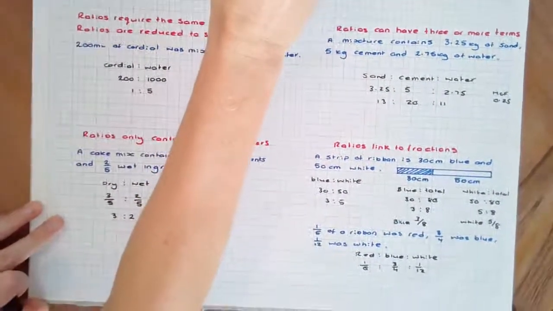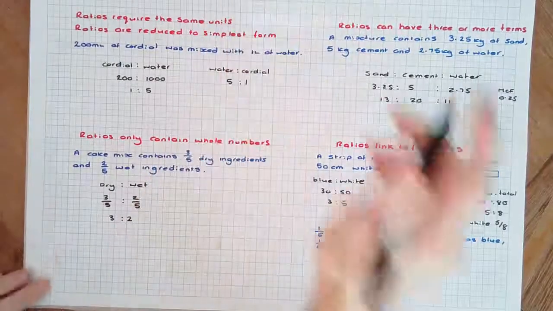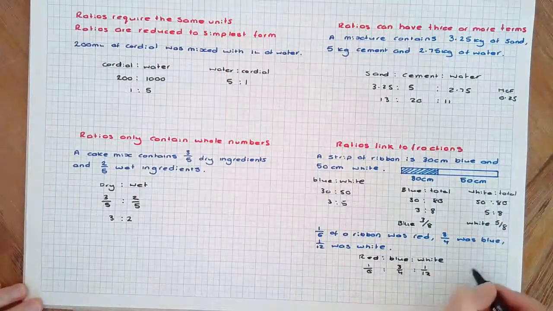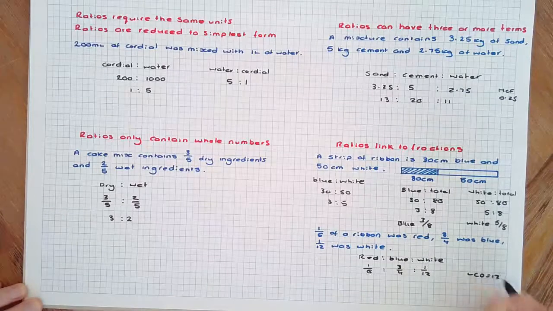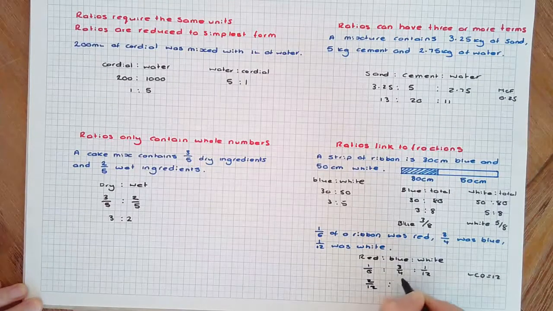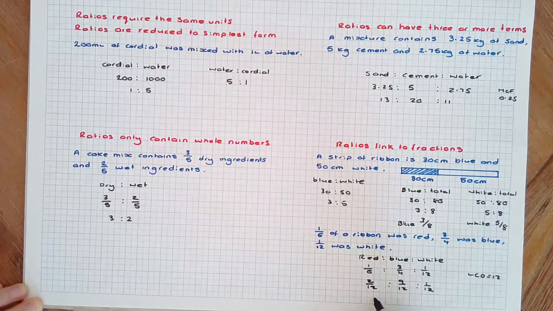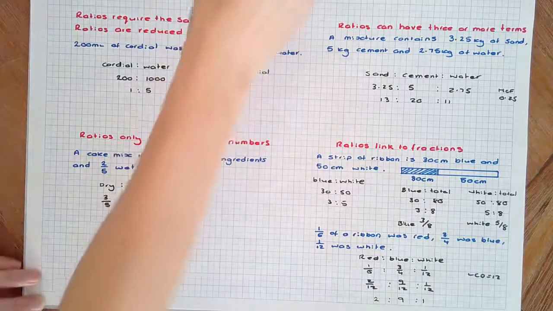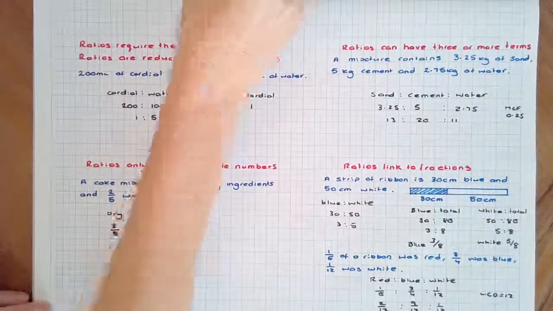We now need to make these into equivalent fractions with the lowest common denominator of 12. 1/6 is 2/12, 3/4 is 9/12, and 1/12 is already in twelfths. Now they all have the same denominator. The final ratio can be written as 2 parts red, 9 parts blue, and 1 part white. And there's a nice little summary of ratios.